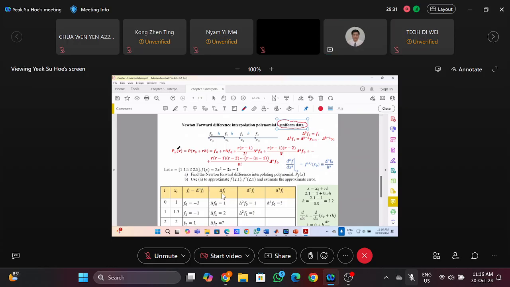Okay, so what is Newton forward difference? They assume that the data is uniform.